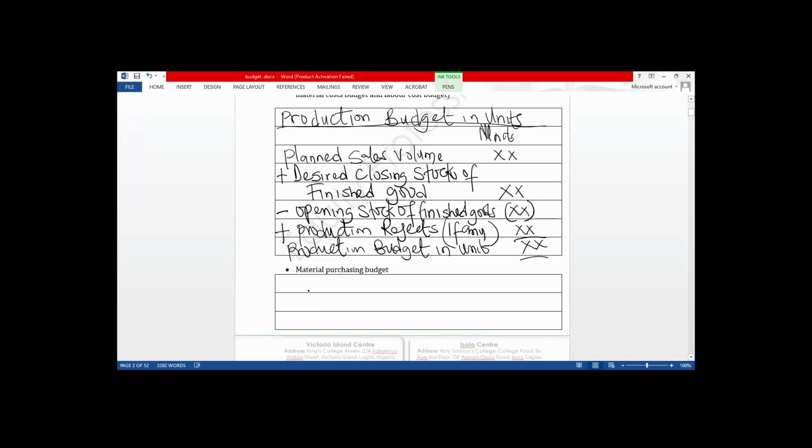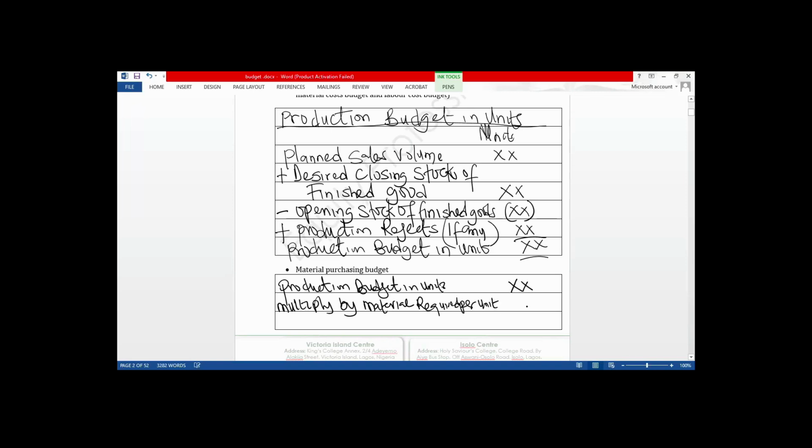You start with your production budget in units. That is the figure you derive here. We bring it here. Multiply by material required per unit.